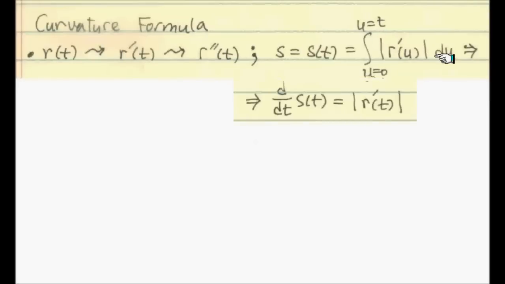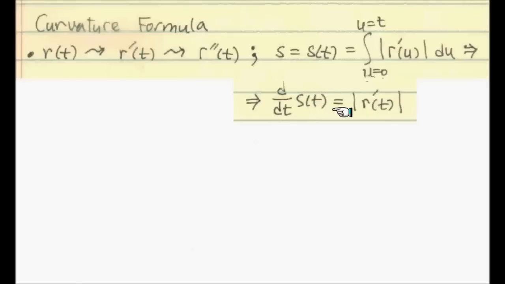From there we have this interesting fact: s(t) is a scalar function, so we can think about the derivative by the fundamental theorem of calculus. The derivative is just this integrand with t in it, exactly the speed. That makes sense, because s(t) is the arc length function, which measures the distance it actually moved, and we're taking the ratio over the increment in time.